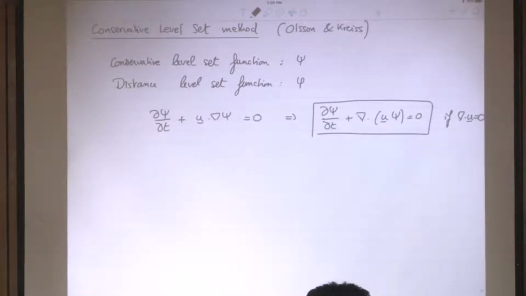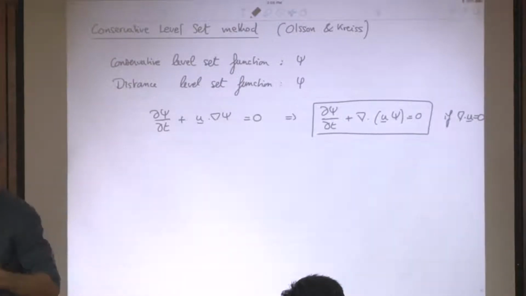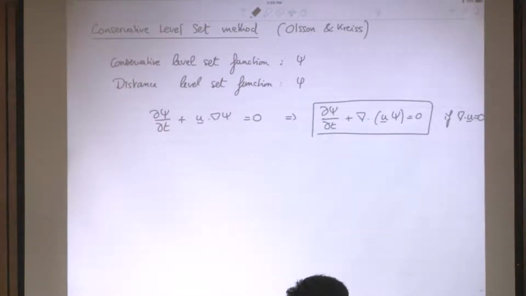And so that means it is easy for us to conserve our level set function if the flow is divergence free. The issue is that conserving a distance level set function is a meaningless feature to have. The distance is not a physically relevant quantity, and its conservation has nothing to do with the conservation of the volume enclosed by the phi equal to 0 surface.